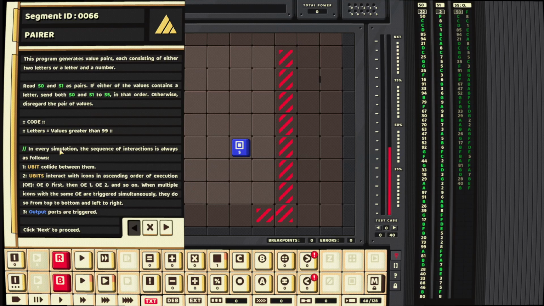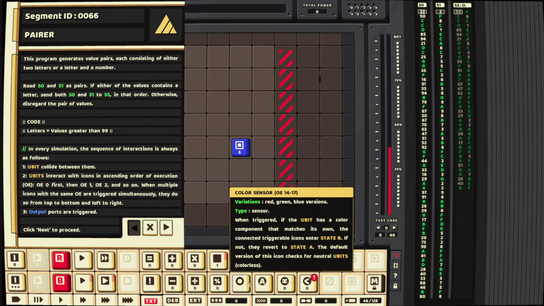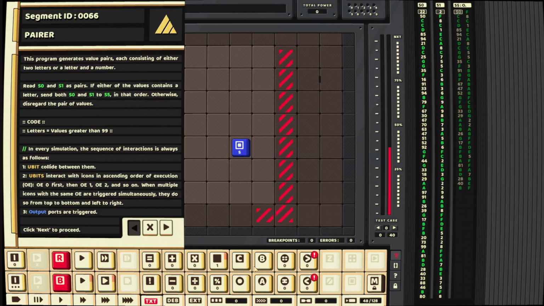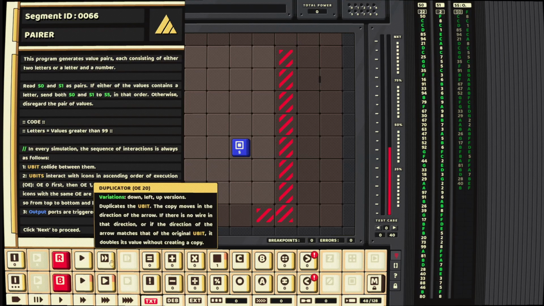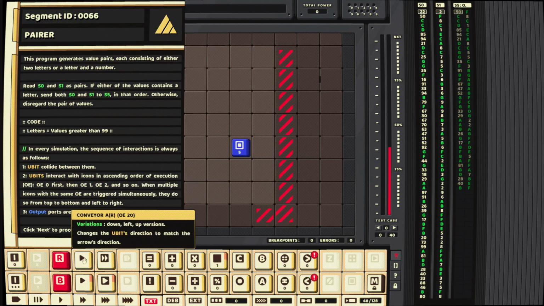Then the resulting U-bits interact with the icons that are there in execution order. And so each kind of icon tells you what order it's going to go in. Oh, this seems inelegant. Maybe there's a reason. I don't know.